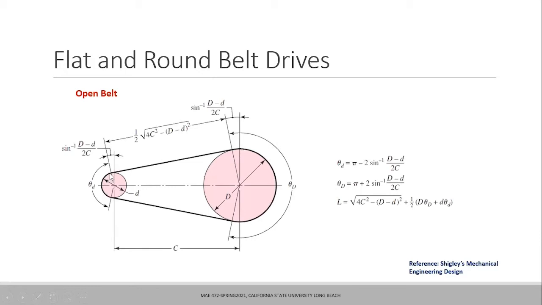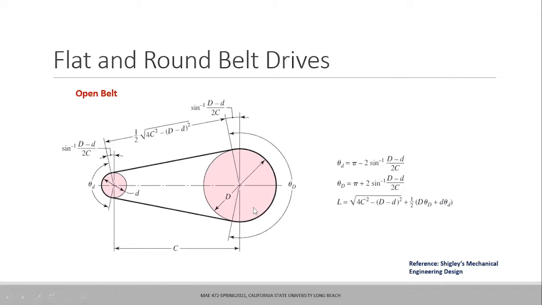So these two lengths are given by these two expressions, and this expression is the straight portion from here to here, twice that, because you have the top side and a similar distance on the bottom side. So this is the perpendicular distance between these two points plus the wrap of the belt along the pulleys.